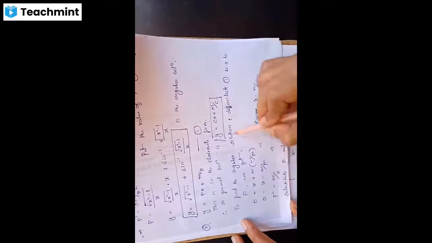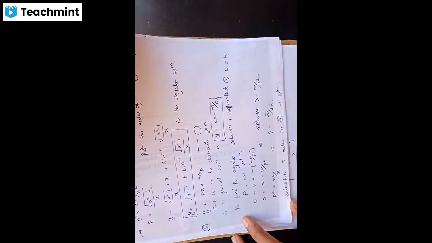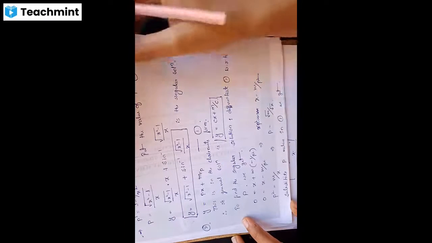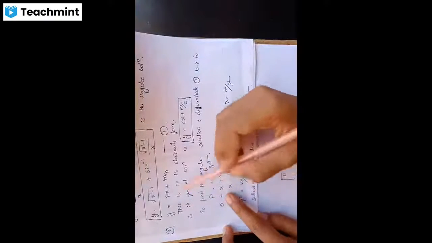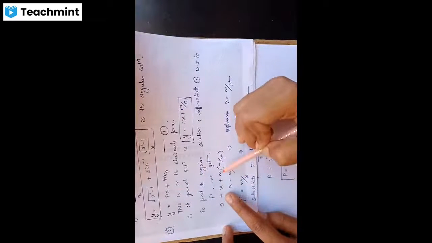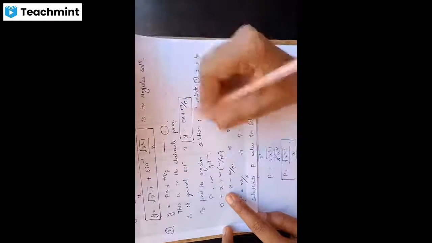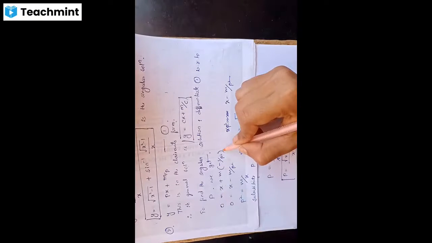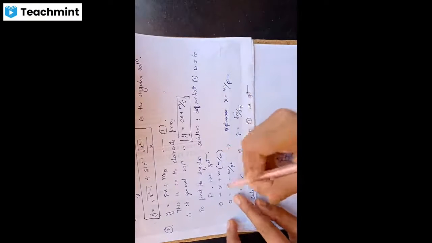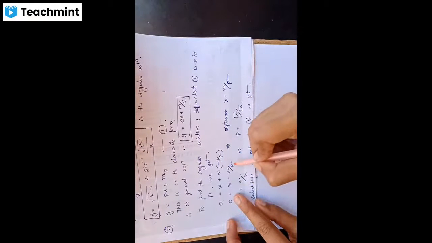So to find the singular solution, how will we get the singular solution? Just differentiate the given equation partially. So 0 = x + m (the constant) into the derivative of 1/p, which is −1/p². So x − m/p².